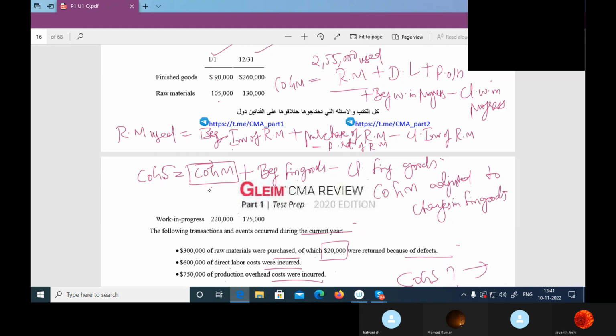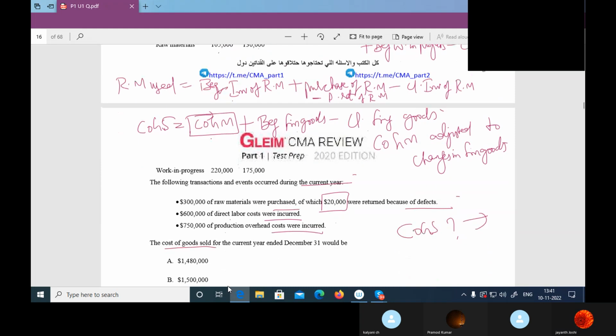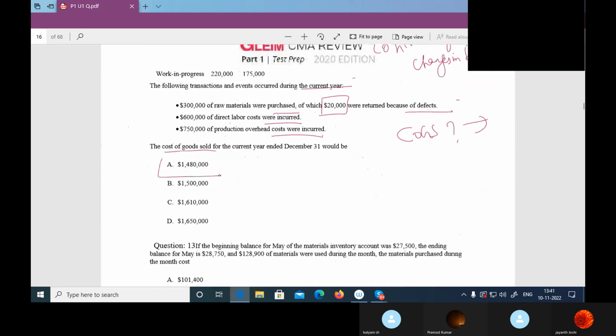Fourteen lakhs 80,000. A. Sir, A is the answer. Everyone got the same answer?